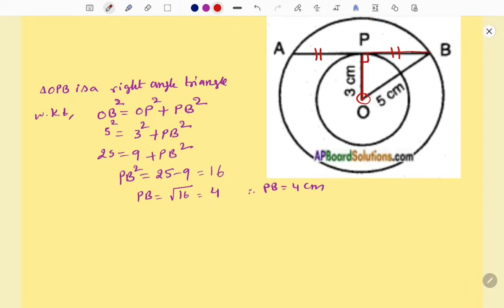How can you write here? A perpendicular line from the center of the circle bisects the chord. What is that perpendicular line? OP.